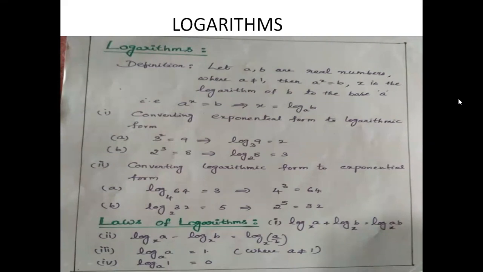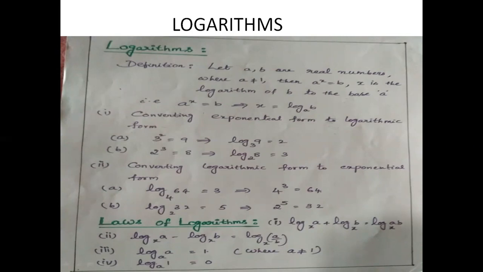What is logarithms? What is the definition of logarithms? Let a, b be real numbers where a is not equal to 1, then a power x is equal to b. x is a logarithm of b to the base a. That is, a power x is equal to b implies x is equal to log b to the base a.